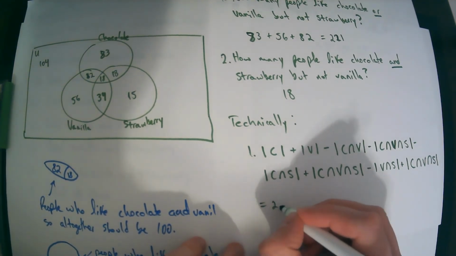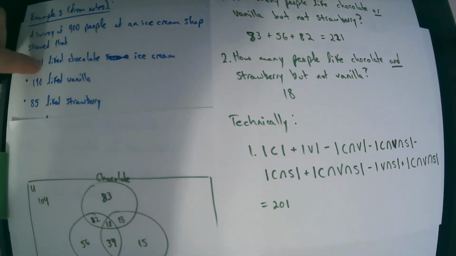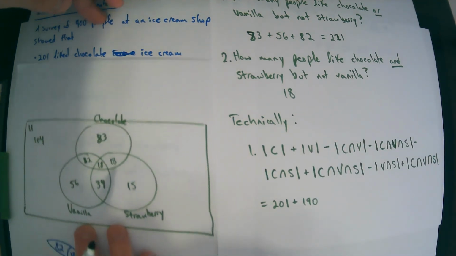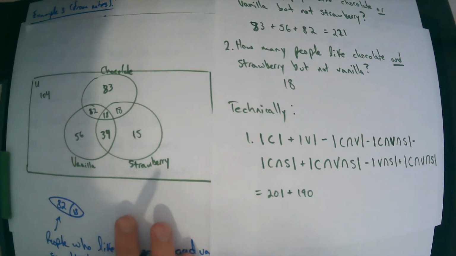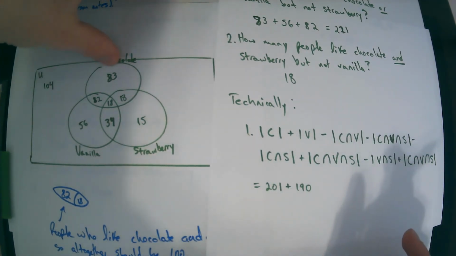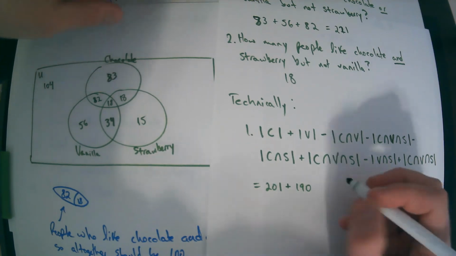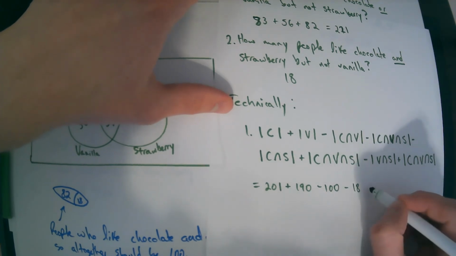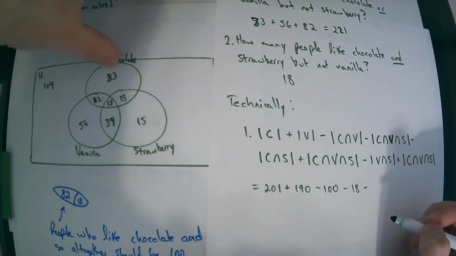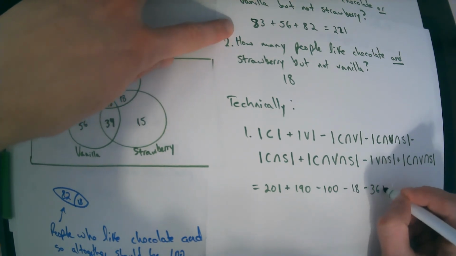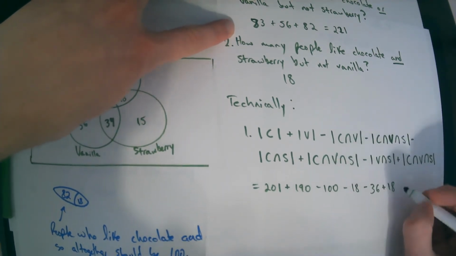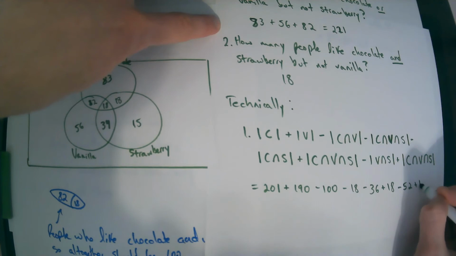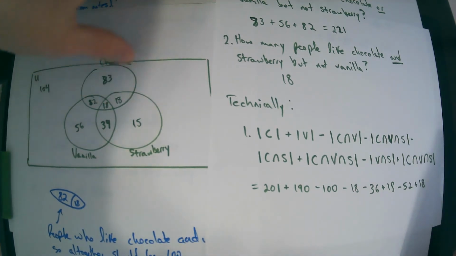C is 201, that's from the original 201 who like chocolate, plus vanilla is 190, minus C intersect V. C intersect V is 100, minus that middle intersection, which is 18, minus the intersection of chocolate and strawberry, which is 36, then plus that innermost intersection again, minus the intersection of vanilla and strawberry, which is 52, but then plus that innermost intersection again, because we double subtracted it again.